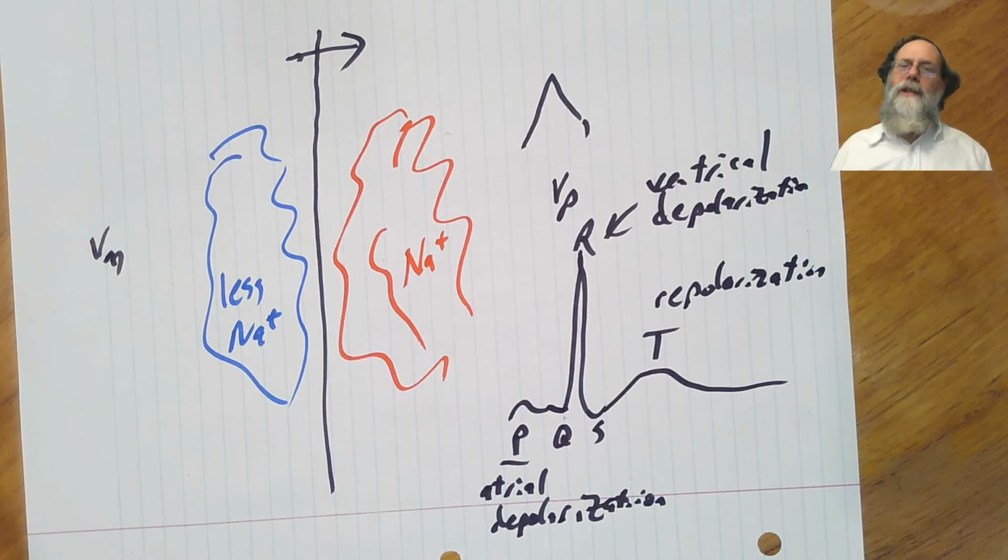The repolarizing is slower and more spread out. So the repolarization wave moves more slowly, and it takes longer for that to happen. So you get a lower, longer spike for the T wave than for the R. Sorry, P is the atrial depolarization, which we've not talked about at all.